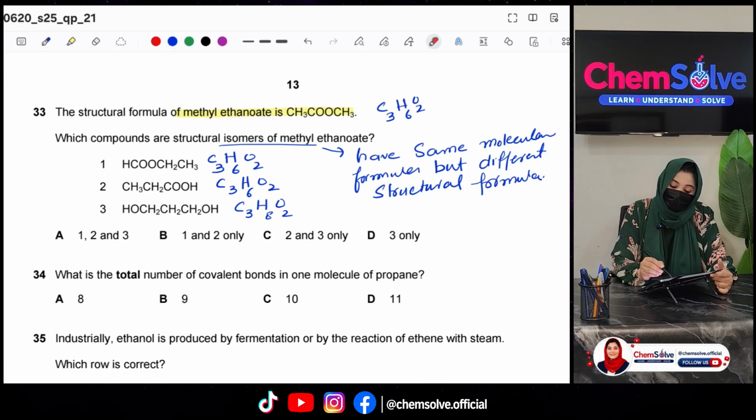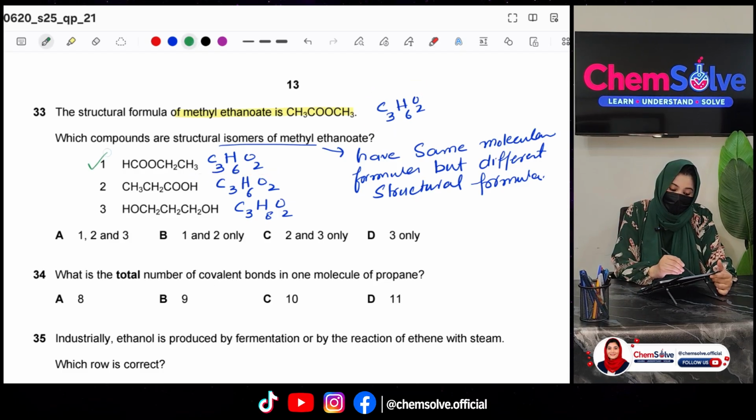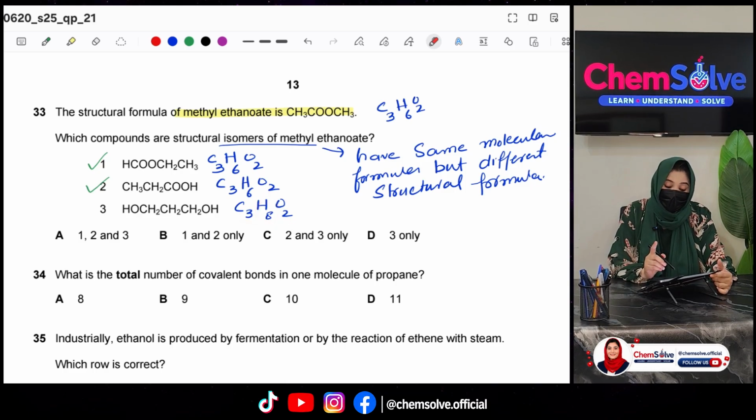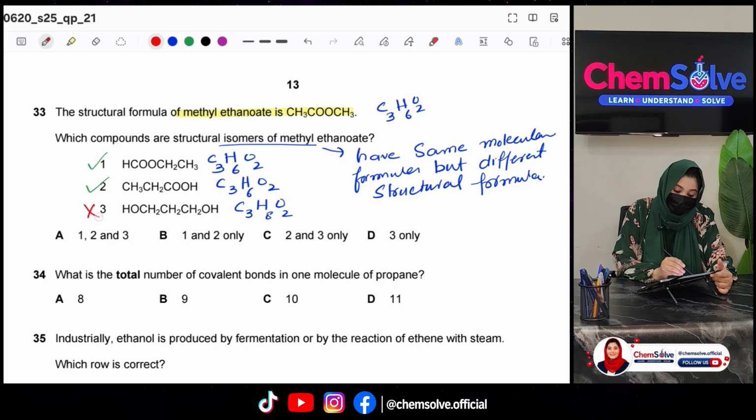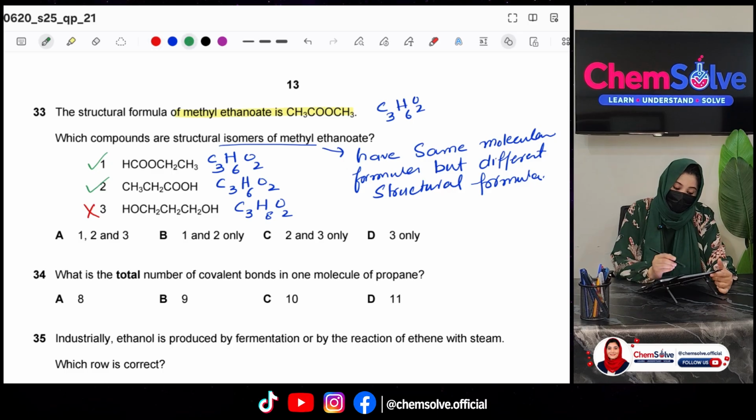Now see, the molecular formula that is given to us in the question is C3H6O2. It also has C3H6O2, so this is correct. Next is also C3H6O2, so this is also correct. Next is C3H8 instead of 6. Here the H are 8. So this is not correct. So option 1 and 2 are the correct ones. That's why option B is the correct one.